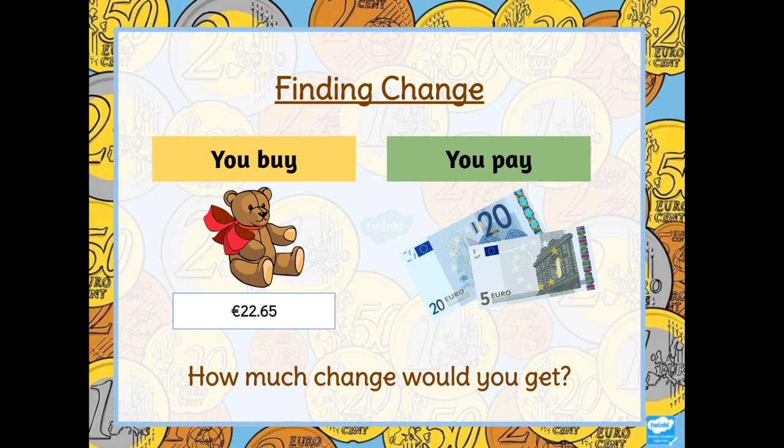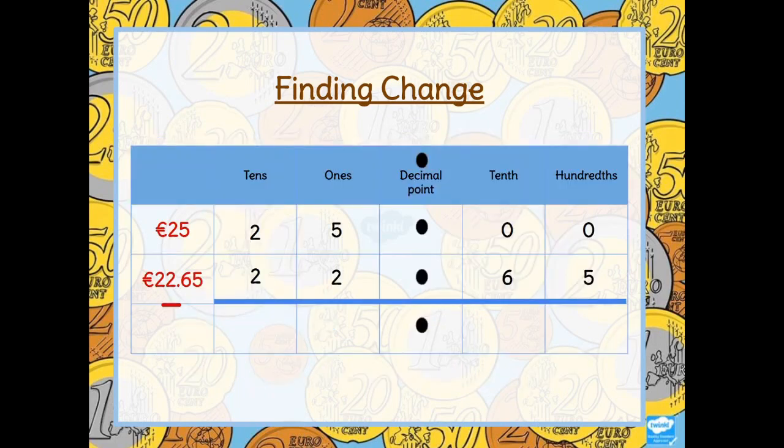Another example. Now you want to buy this cute teddy bear for 22 euros and 65 cents and you pay 25 euros. So how much change would you get? Again, we're going to use the place value chart. You're putting all your numbers and we're going to subtract. 0 take away 5.